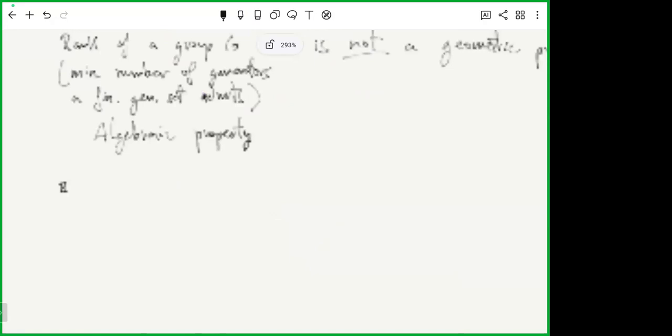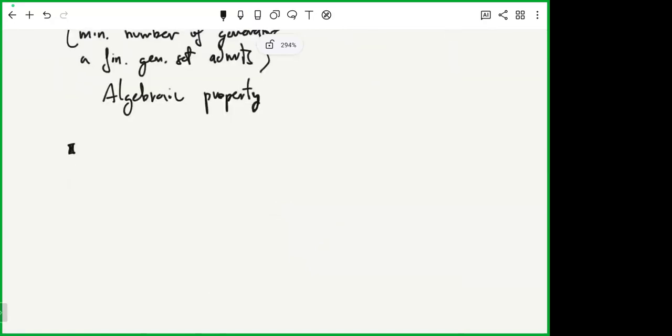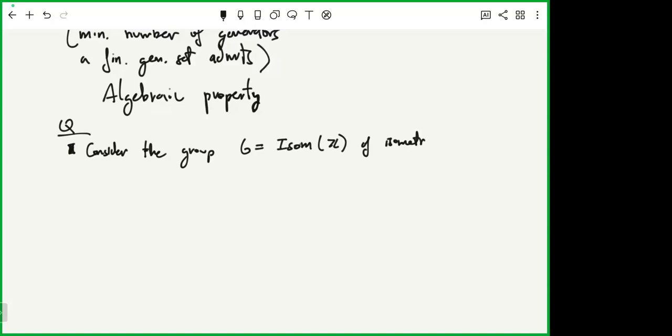Consider the group G of isometries of the integers with the usual distance, that is, distance-preserving bijections.